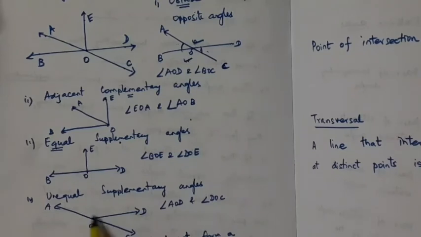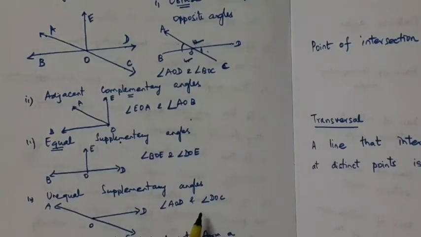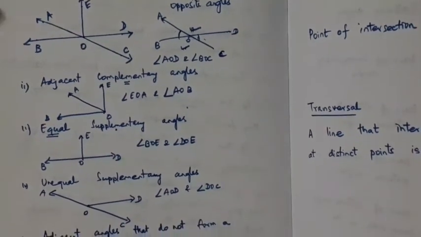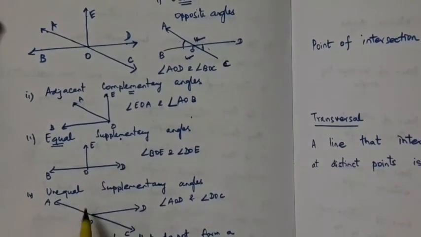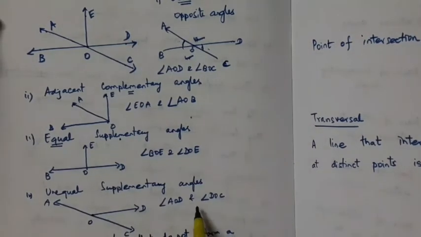Surely when you add these two angles, you will get 180 degrees, supplementary angles, but these two angles are not equal. This angle is an obtuse angle and this angle is an acute angle. These two angles are not equal, but when you add them together, you will get 180 degrees.